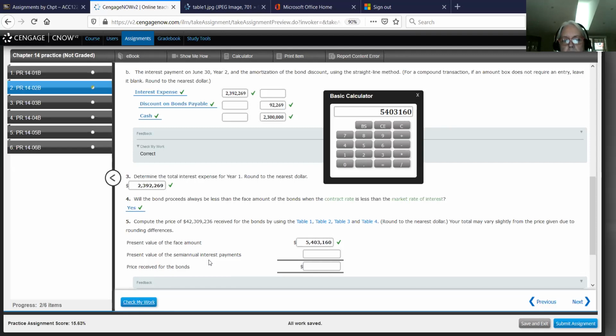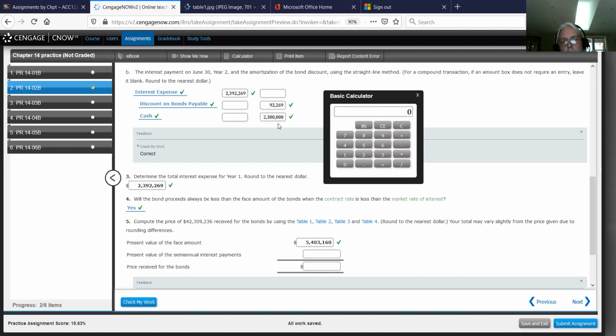To find the present value of the semi-annual interest payments, we've got to first determine what the amount of the interest payment is. And you might remember that when we credited cash up here, that was for the amount of the interest payment. We got that by taking 46 million and multiplying it by half of the contract rate of interest, which was 5%.